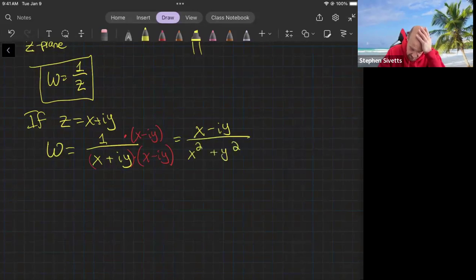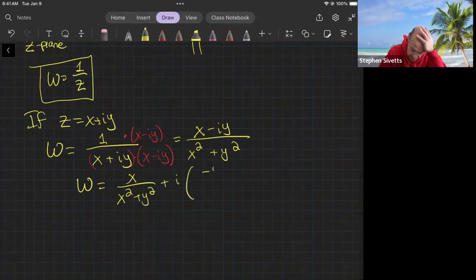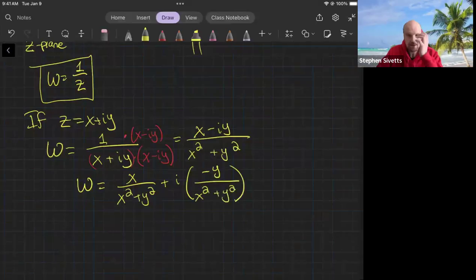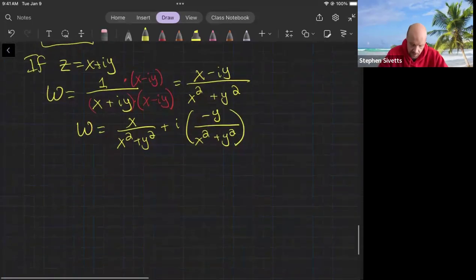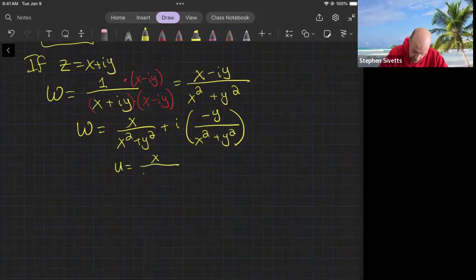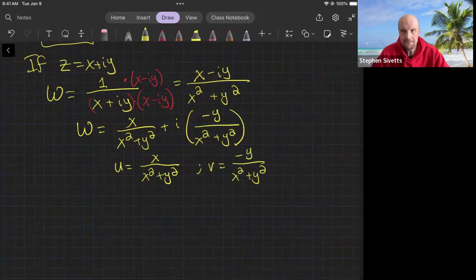And so w is equal to the real component, x over x squared plus y squared, plus the imaginary component, which I'm going to write like this, minus y divided by x squared plus y squared. So u, the real component, is x divided by x squared plus y squared, and v is equal to minus y divided by x squared plus y squared.